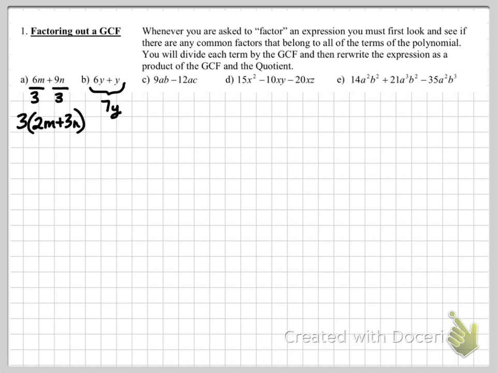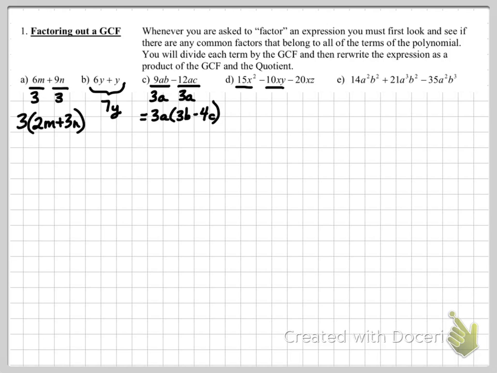In C, 9ab minus 12ac, I notice that I can divide a 3 into both of those, but I can also factor an a out of both of those terms. So this would be rewritten as 3a times, if I divided now, I would get 3b minus 4c.